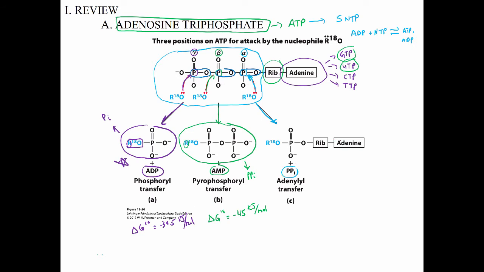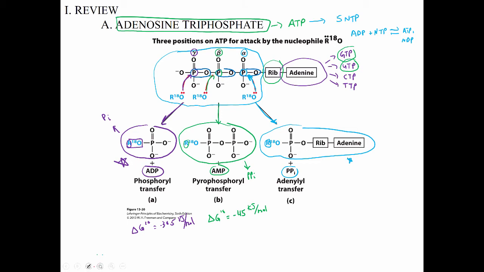But what happens here is the adenylate group is transferred, and we would say that this molecule, whatever R is, has been adenylated, not phosphorylated. This is by far the least common, and there will only be, I think, one or two scenarios where we talk about it, if that. I'm trying to think if that's true. I have to go back through my notes, but we won't see this very commonly. We'll see the other two quite commonly.